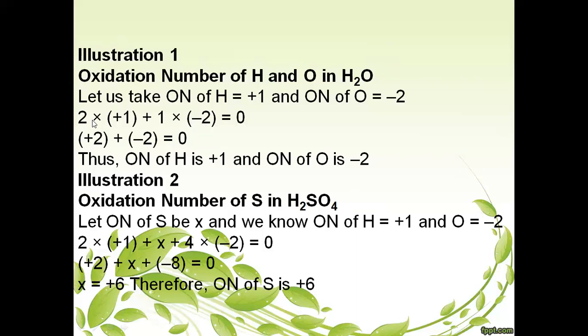So 2 into +1 equals +2, plus 1 into -2 equals -2. So it equals 0. So H2O is neutral because the oxidation number is 0. H2O is water molecules.